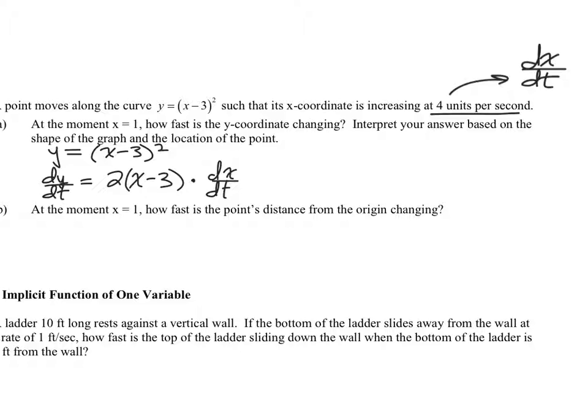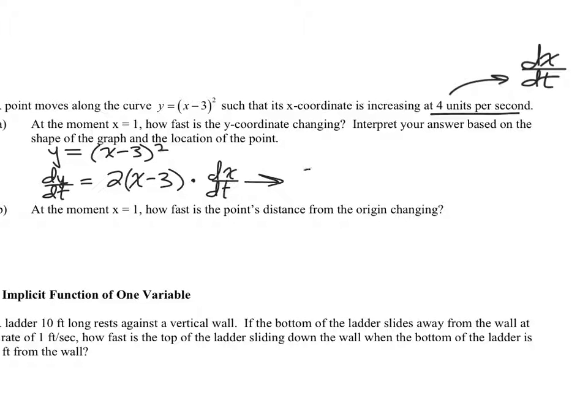And it's easy enough to distribute out also, and then just go with the power rule. If you did that, you get 2x minus 6 when you take the derivative. Well, 2x minus 6 times dx/dt. All right, so we could plug and chug now. We're looking for dy/dt.